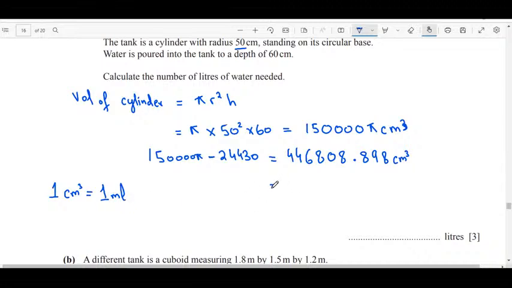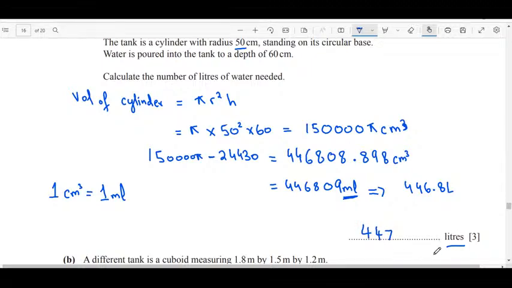So this means that we have 446,809 milliliters of water. This much water would be needed, and this amount in liters is going to be this thing divided by 1000. So I would get 446.8 liters.